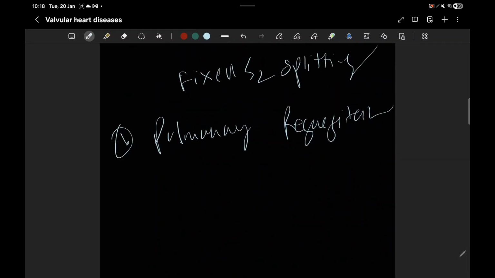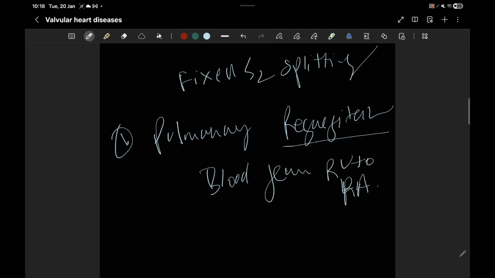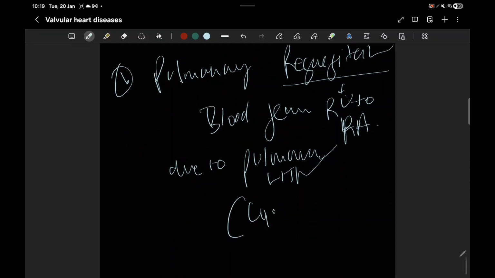Blood leaks backward from the right ventricle, because it cannot be pumped forward, back to the right atrium. It's usually due to pulmonary hypertension. And what's the murmur here, guys? The murmur is called the Graham Steell murmur.